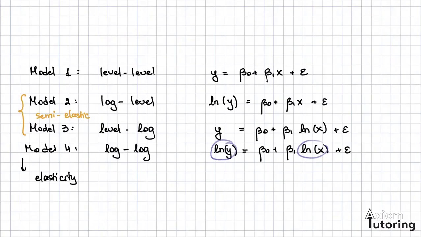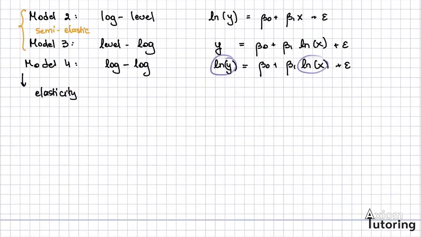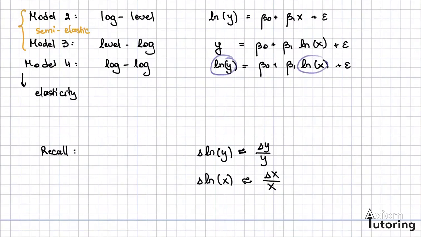And I'm going to have you recall the key log property that we've seen in another video, which was that any change in the ln of y approximately equals delta y over y, and any change in the ln of x approximately equals delta x over x. So both sides represent percentage changes.